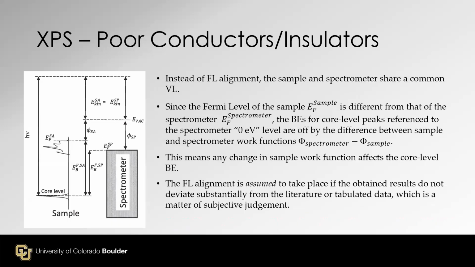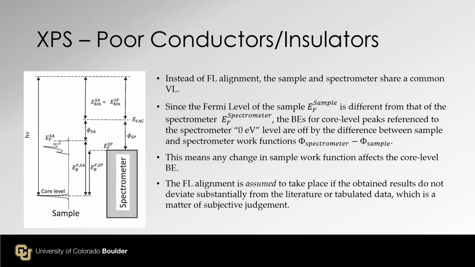Then what about conductors or insulators? Nowadays, we use XPS for polymers and oxides or whatever. So instead of Fermi level alignment, if we put insulator samples in the spectrometer, what's going to happen is they share the common vacuum level. Fermi level alignment is unlikely happening there.